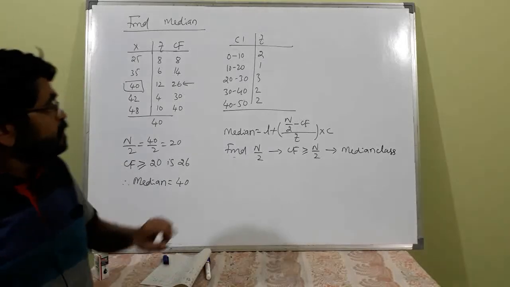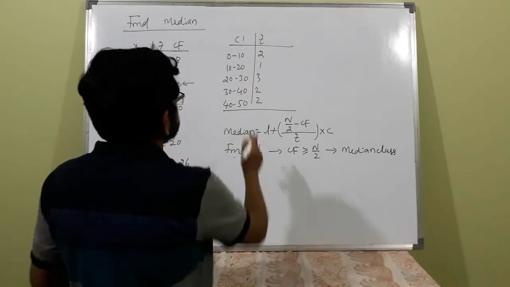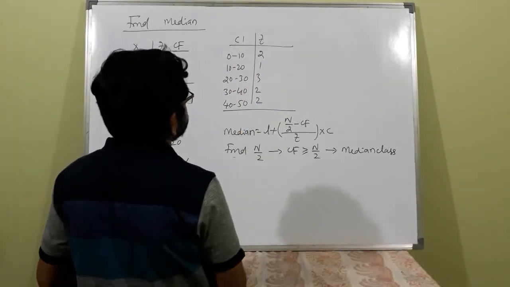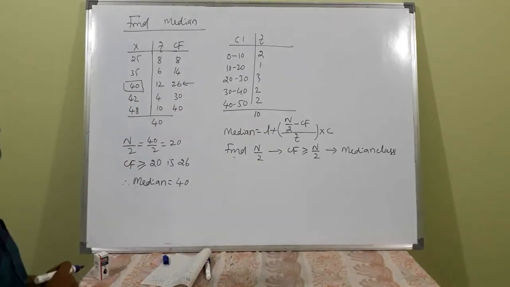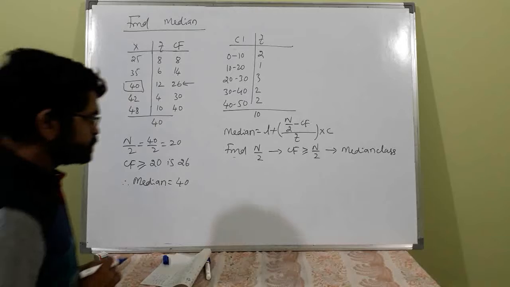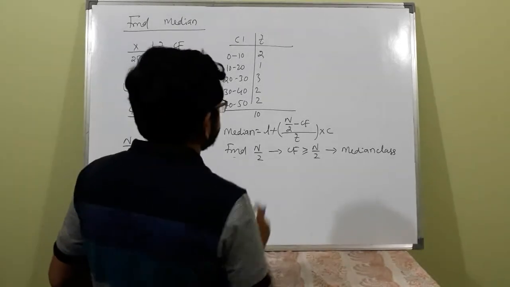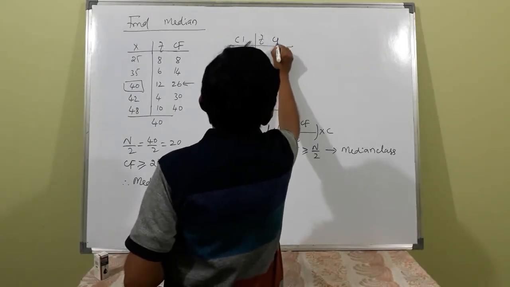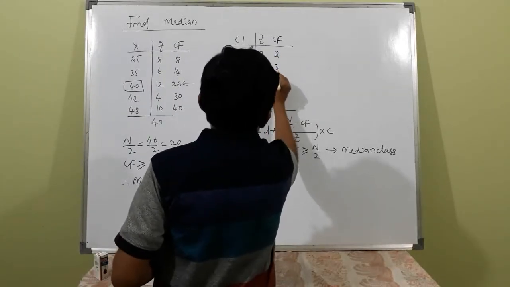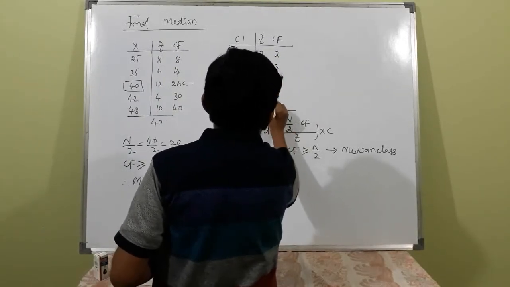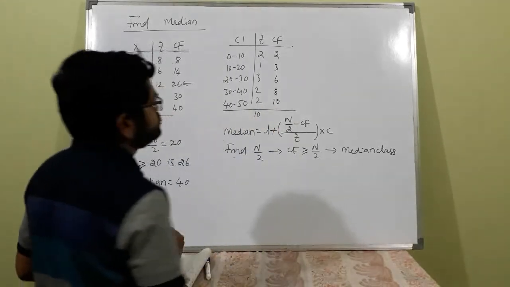First find n by 2, which means half the sum. N is 10. 10 by 2 means 5. Then the cumulative frequencies are 2, 3, 6 and 10.